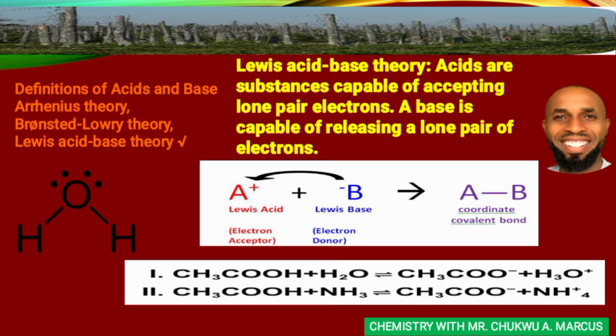We can see other examples in my objective questions, where you're going to practice most of these to identify who is who. If you come to the right hand side of the equation, the product side, you are going to notice the places where you see a negative sign. Those negative signs represent the Lewis conjugate base, whereas the positive sign, which is the ammonium ion, represents what we call the Lewis conjugate acid. I hope you get that.